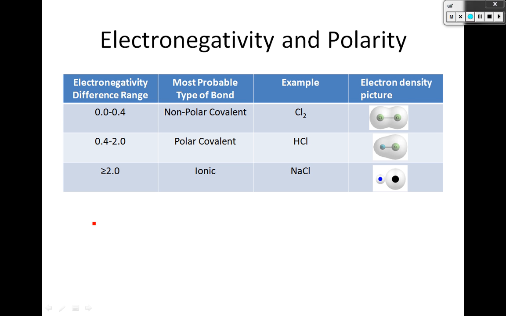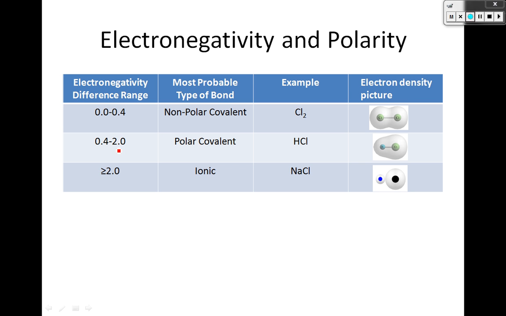We're just going to talk about polar. And so if the difference in electronegativity is anywhere from 0 to 0.4, we're going to say that is a nonpolar covalent molecule. So like Cl2. And you can see if we show a picture of the orbitals here that the electron probability or electron density is shared equally between the two chlorines.